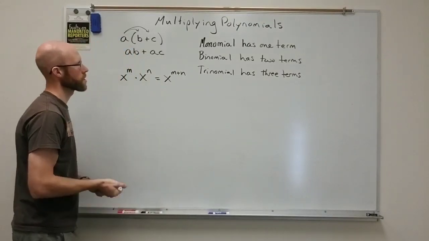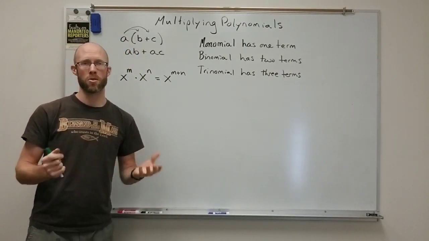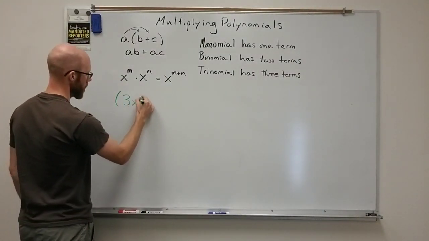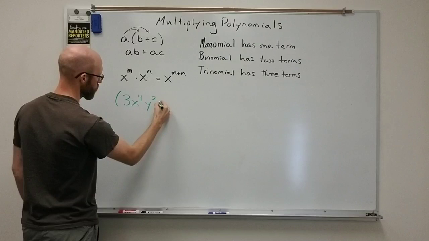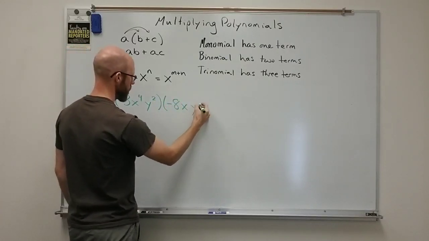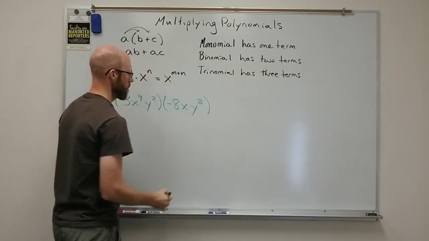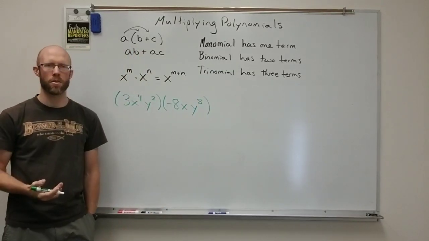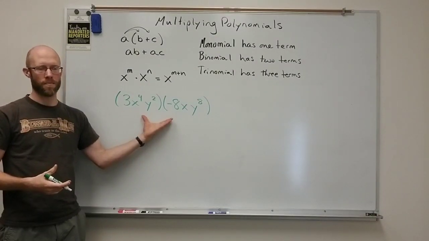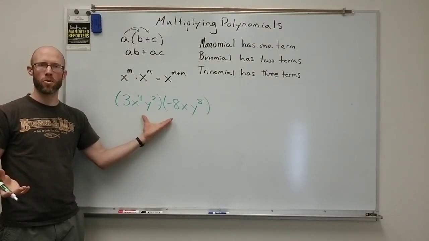So the first thing, let's look at a couple of monomials multiplied together. If you had something like 3x to the fourth y squared times negative 8xy to the eighth. In this example, again, this is really very similar to what we did in the exponent rule section.